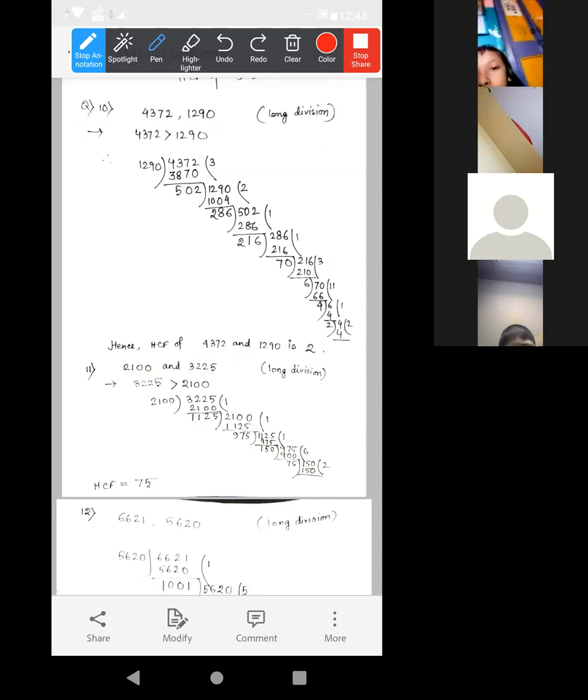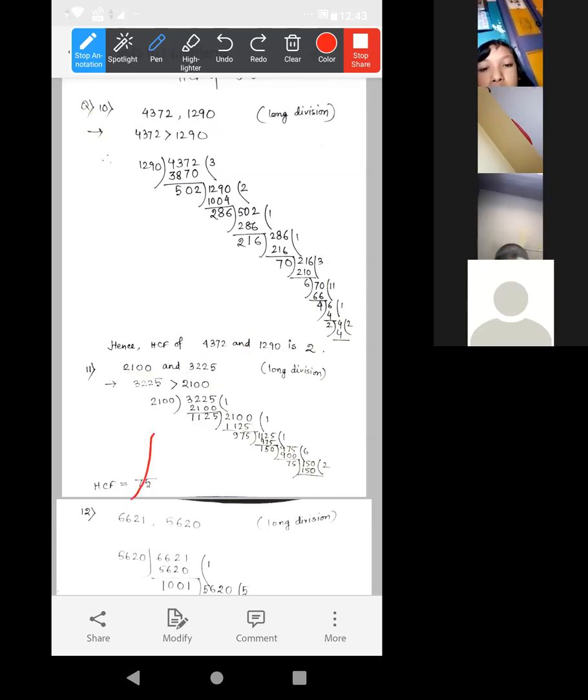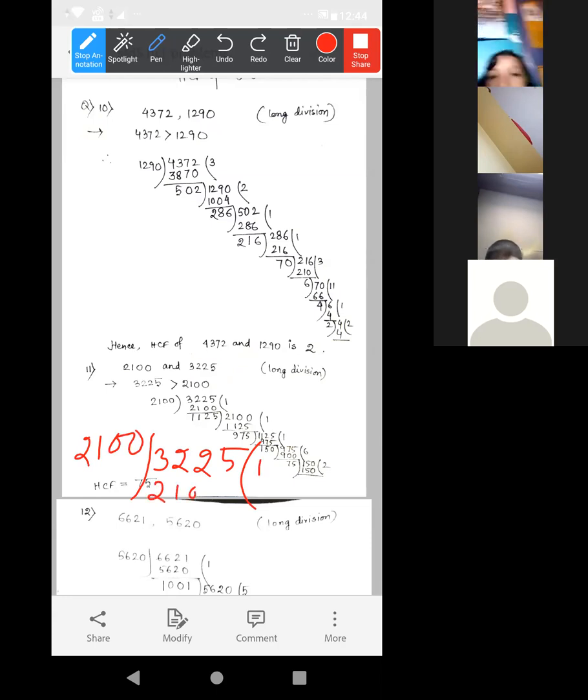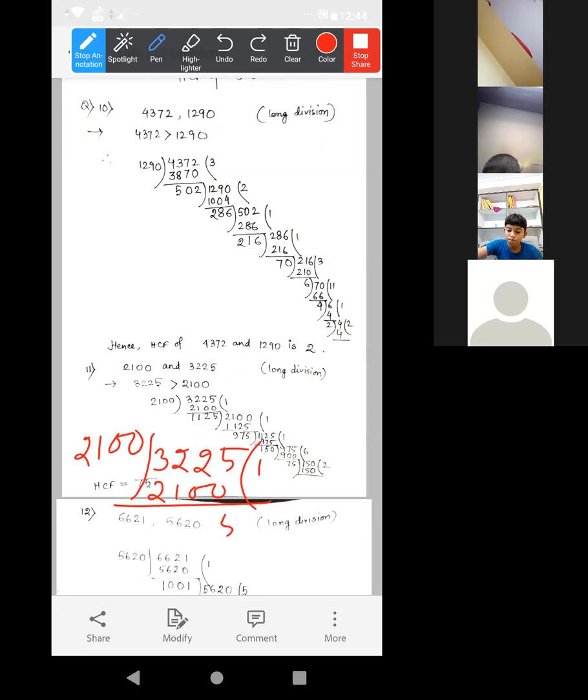This is normal division, okay? By 2100. By 1 it will go 2100. Then 5 will come, this 2 will come. And 2 minus 1 is 1. 3 minus 2 is 1. 1125.